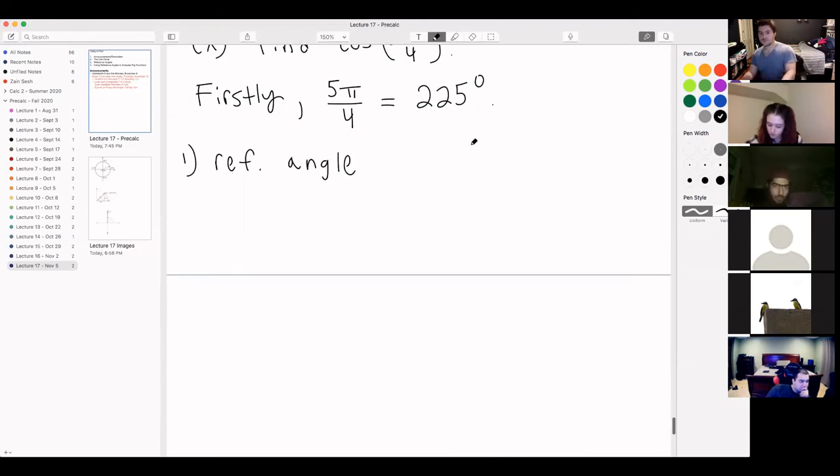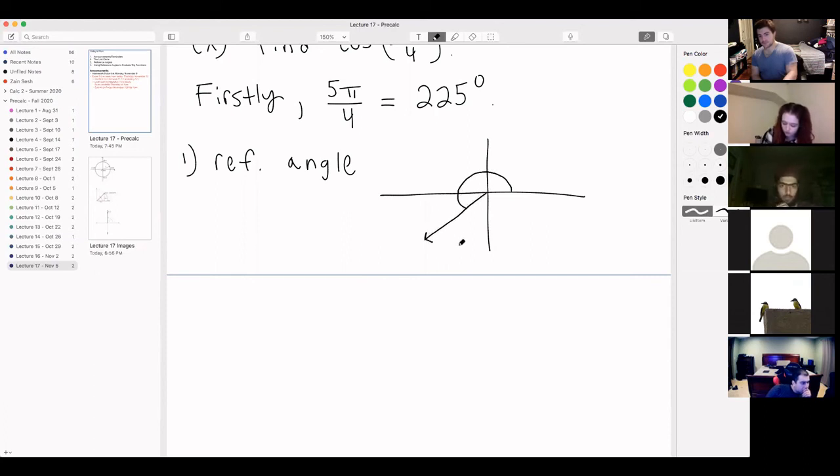Here we go. So where are we at in 225? Well, we're going to be in like the 3rd quadrant. So it's going to look something like this. Good. So we need to look at the angle that it makes with the part of the x-axis that's closest. Well, the closest part will be the negative. So we're looking for this angle right here.